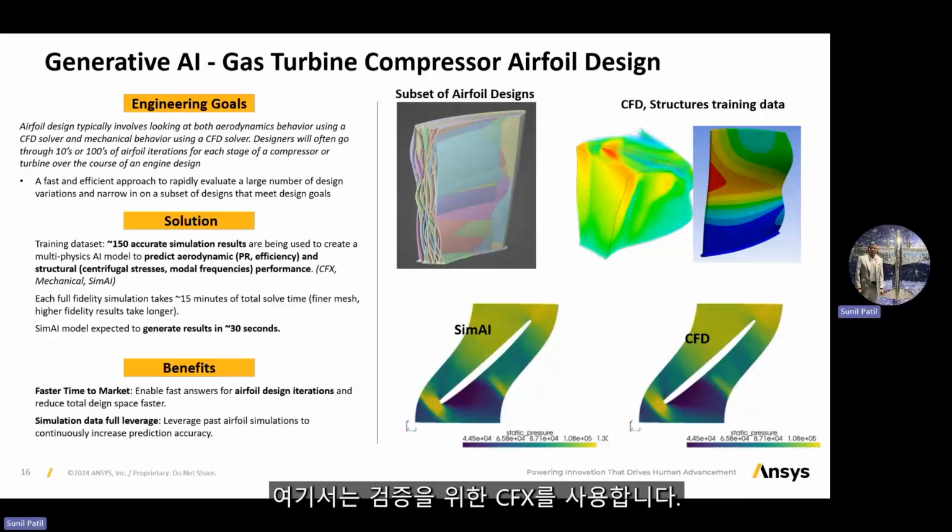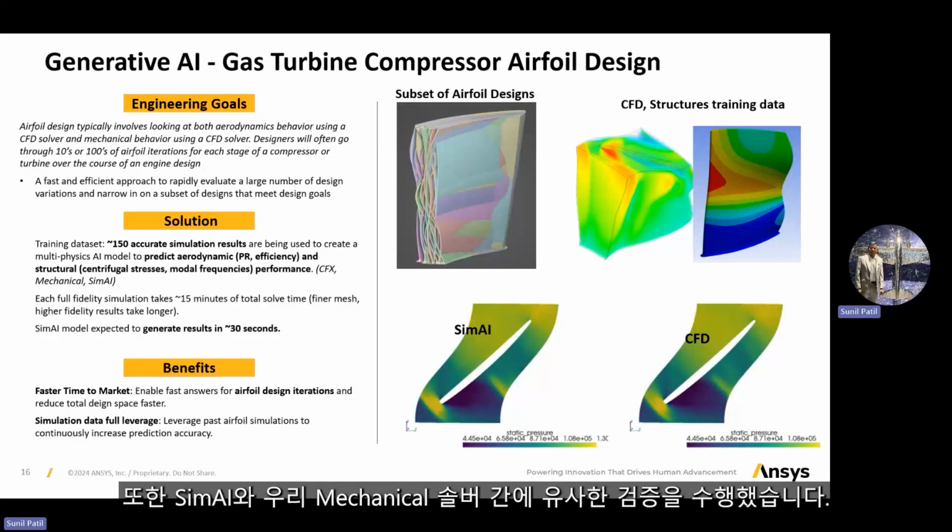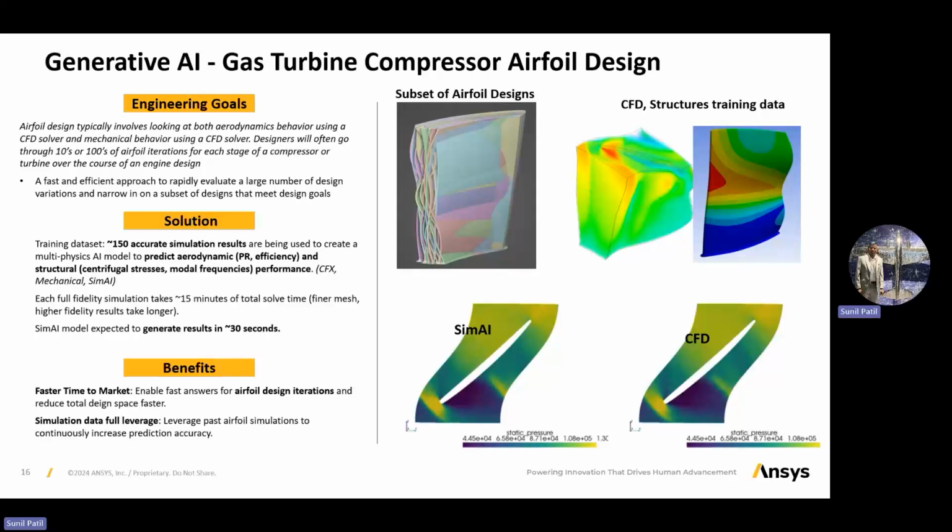Here we use CFX for the validation, and you can see the flow field between SimAI and CFX is very similar. And we did similar validations between SimAI and our mechanical solver as well.